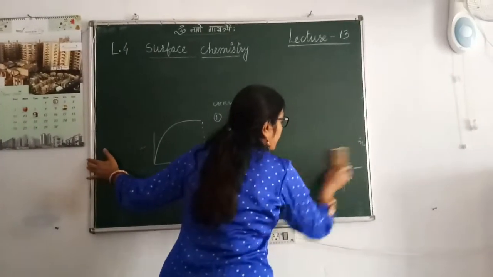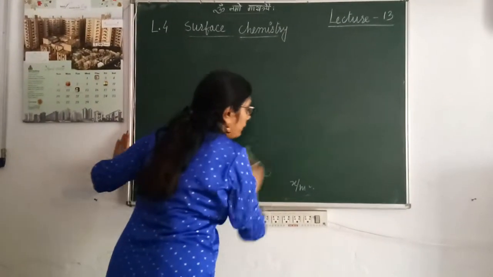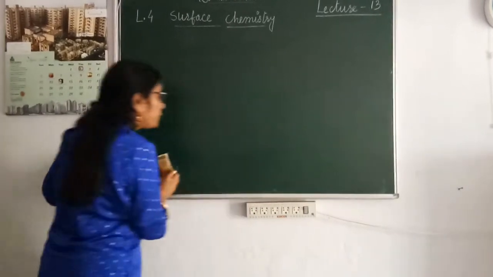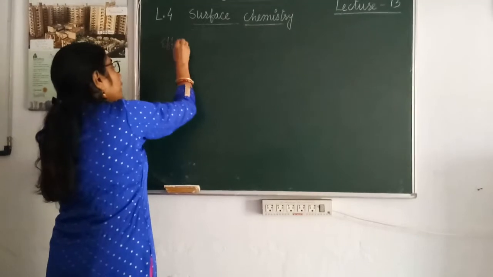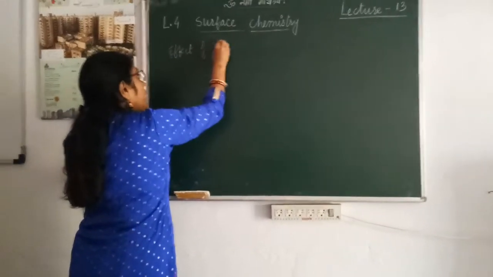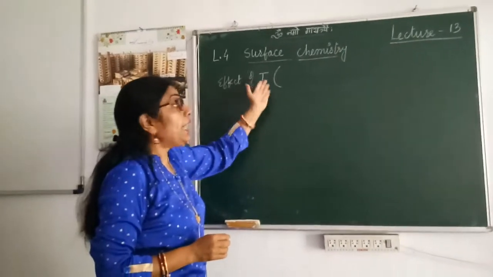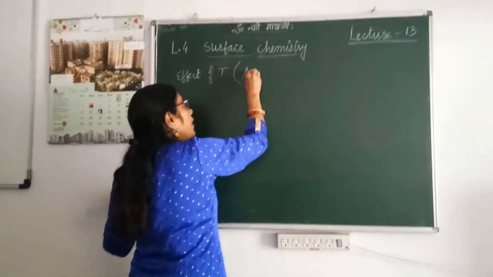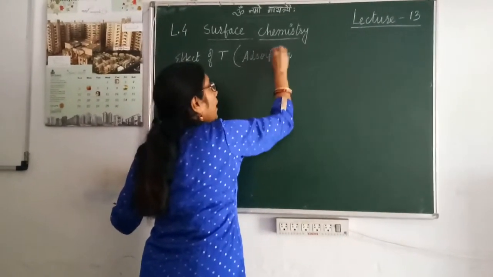In our previous lecture we discussed the factors: nature of adsorbate, adsorbent, surface area and so on, and this was pressure, and now what is the effect of temperature. When the effect of temperature is shown at constant pressure, the graph is known as adsorption isobars.